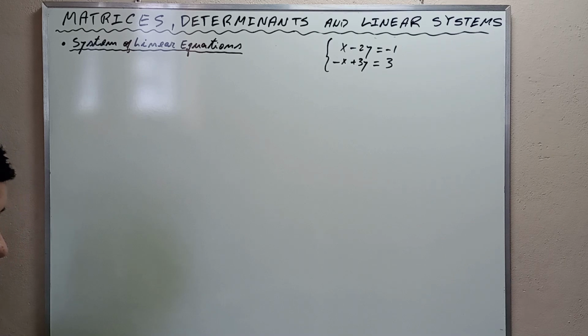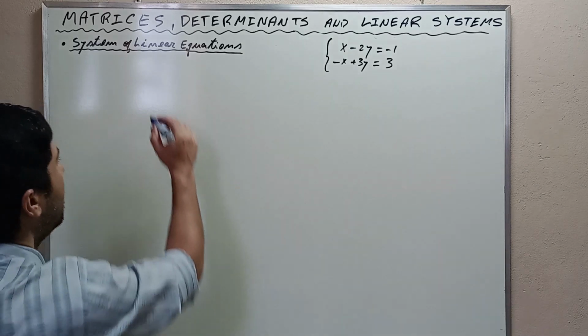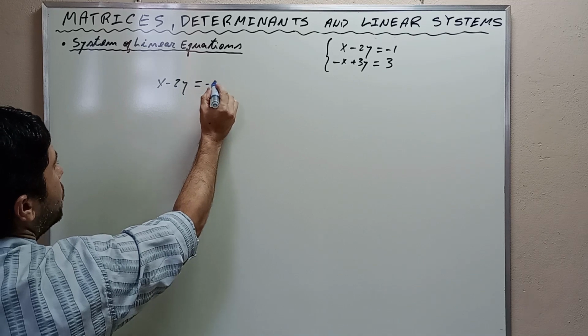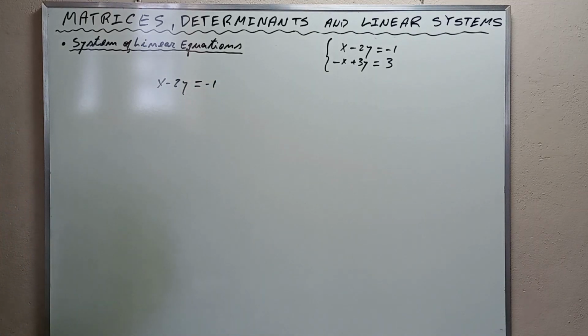Firstly, let's work on this equation here. The first equation, x minus 2y equal to -1. We are going to look for the points of intersection with the x and y axis.